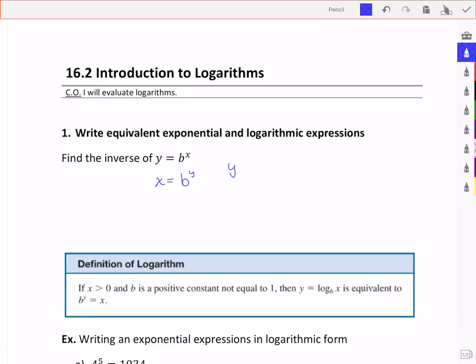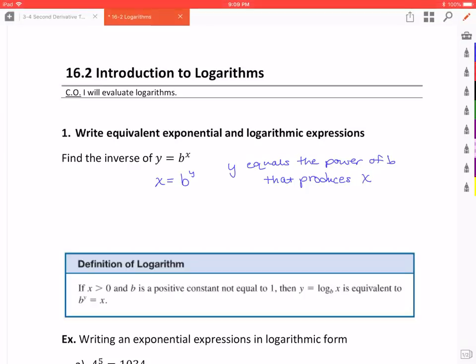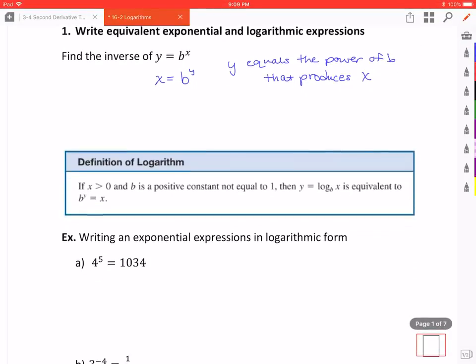All I really know here is that y equals the power of b that produces x. So in order to solve for y in this one, we're going to have to use a logarithm.